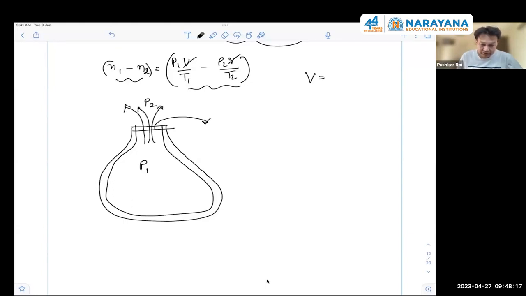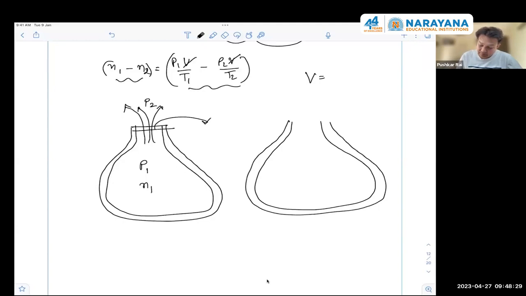Some moles of gas, the initial number of moles was N1. After some time, when you close it, what amount is left here is N2. And some gas has gone.